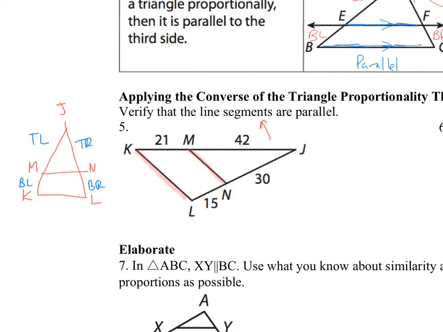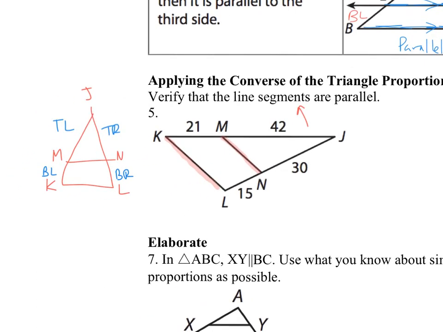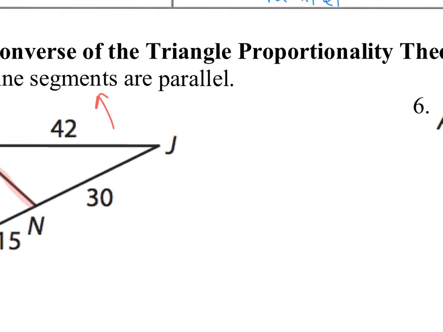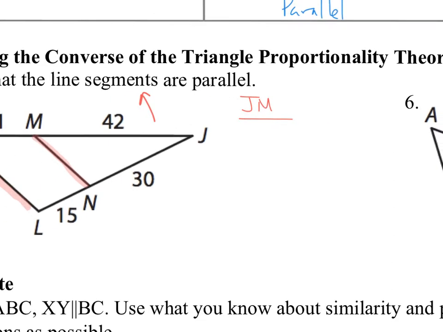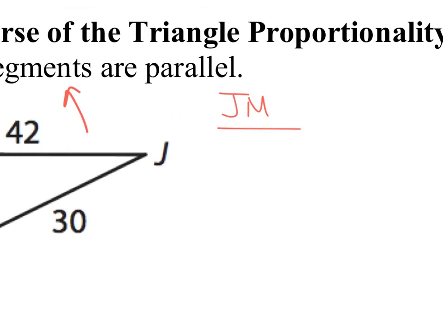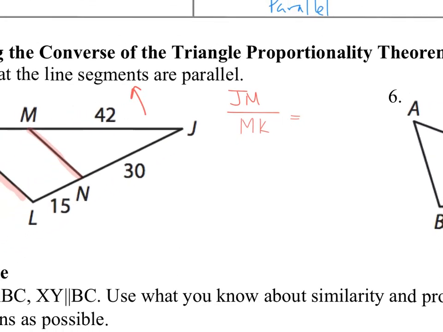If we set up our proportion here, we're going to have JM over MK equals JN over NL.